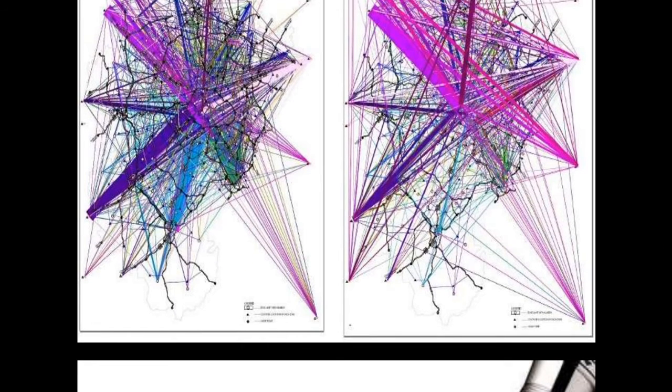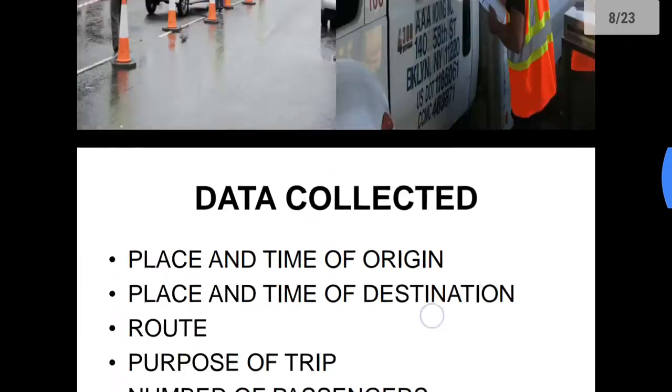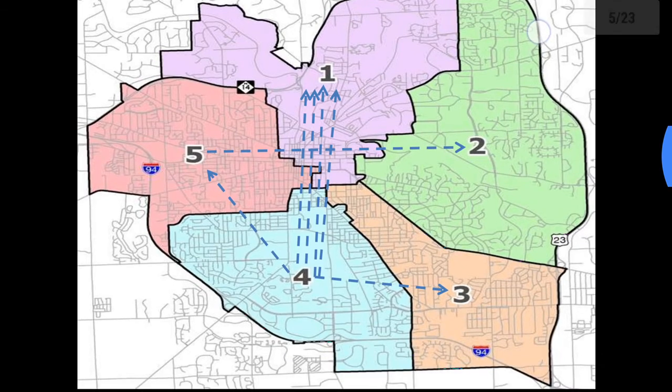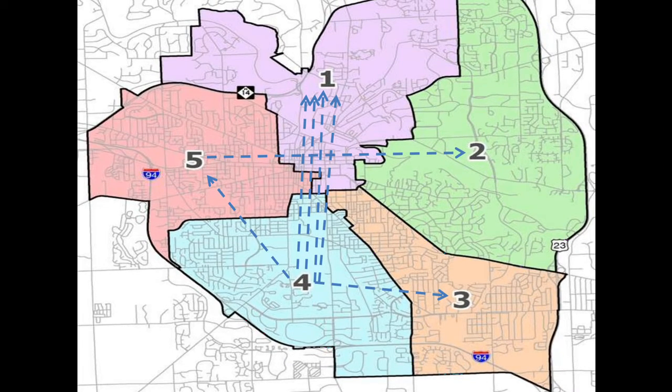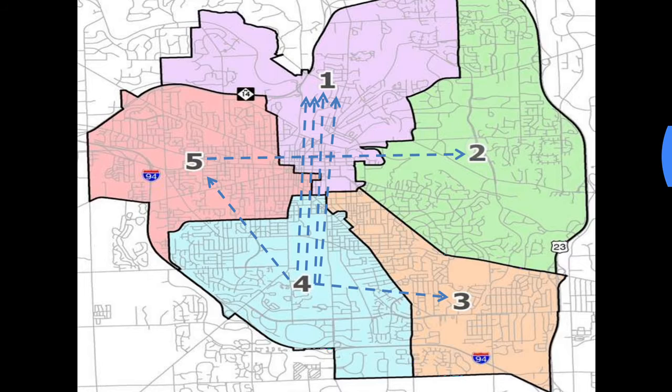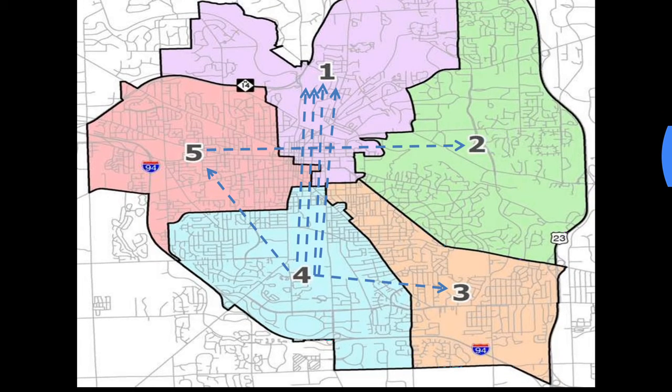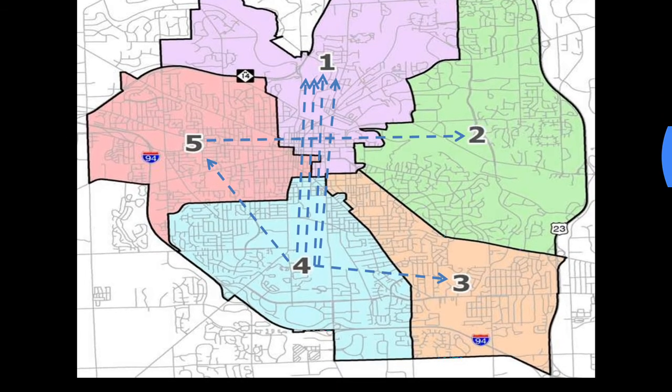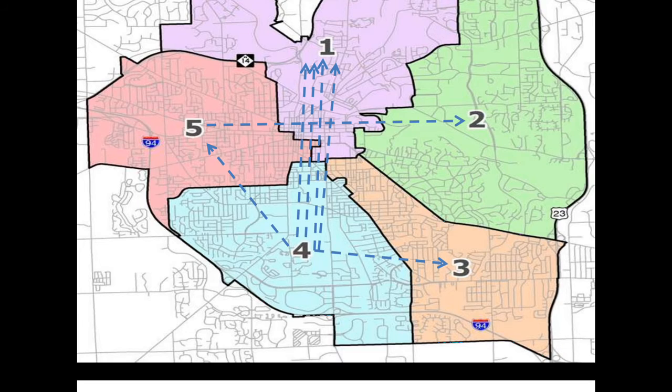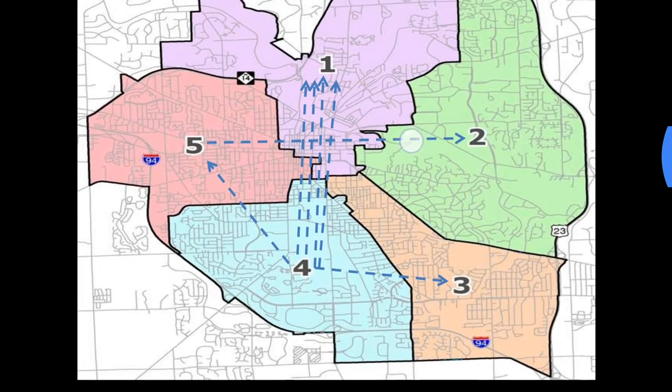As I had explained earlier, once we divide the study area into different wards, if we have the data of people traveling from one ward to the other, then we can represent those trips in the form of straight lines with an arrowhead. These straight lines represent that there is a trip occurring between the wards.